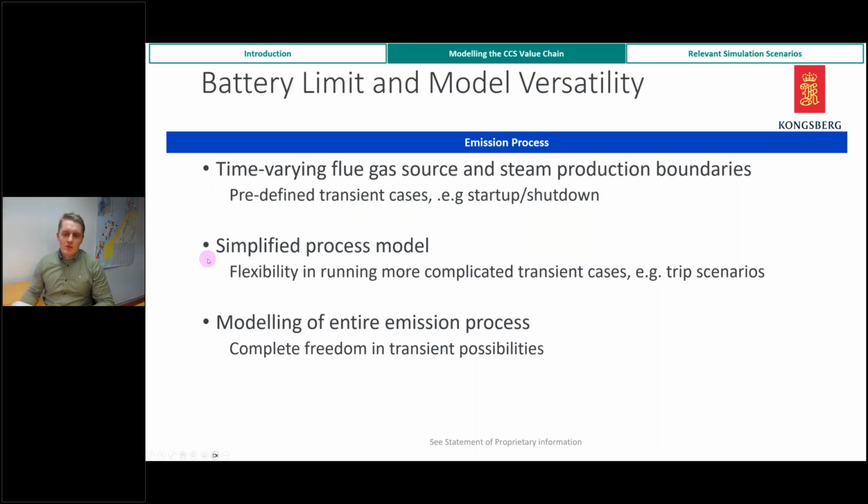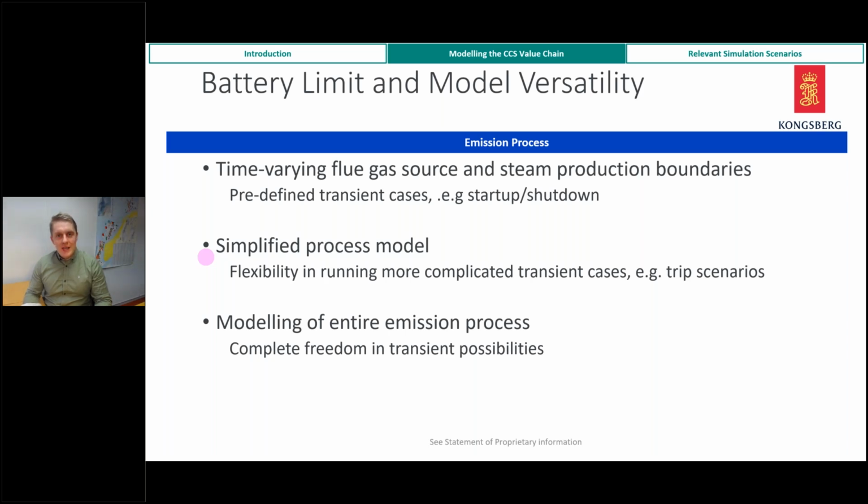If you go into a bit more of a, shall we say, simplified process model, that will allow you to run more complicated transient scenarios. Let's say you now have a burner and a few boilers to represent your gas turbine. Well, now you can look at, okay, will my pressure conditions be inside of some of these boilers?